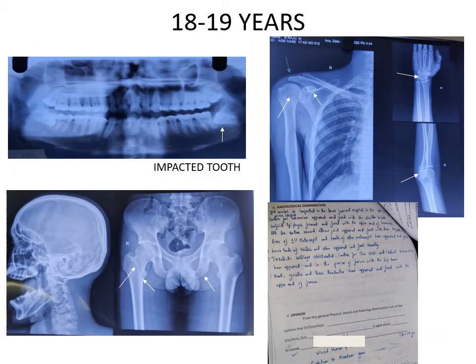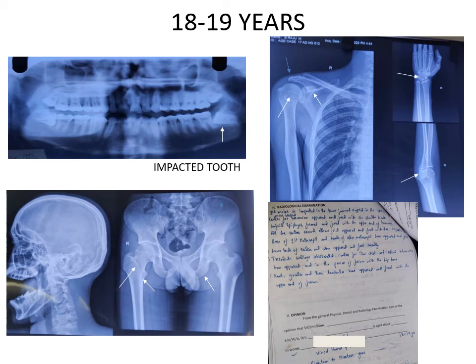So here we can see there is a little bit of variation, wherein the roots of the second molar have calcified, but the third molar is present at an angle, and it could not erupt because of the obstruction of the second molar.